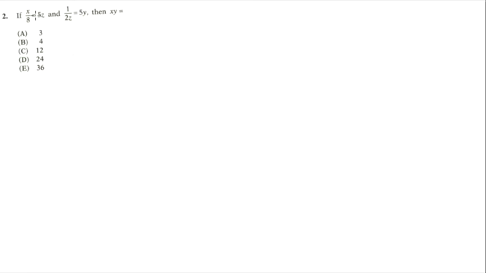Okay, so they want xy. So really what we need to do is solve for x on this side, solve for y on that side, multiply them together. So x divided by 8 equals 5z, which means that x equals 8 times 5 is 40z. 5y equals 1 over 2z.